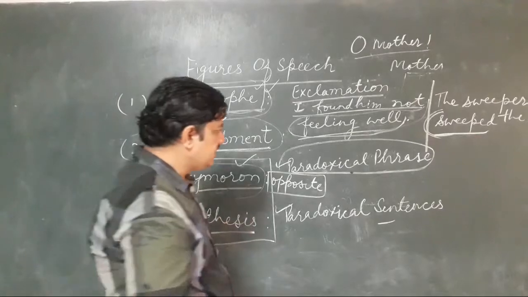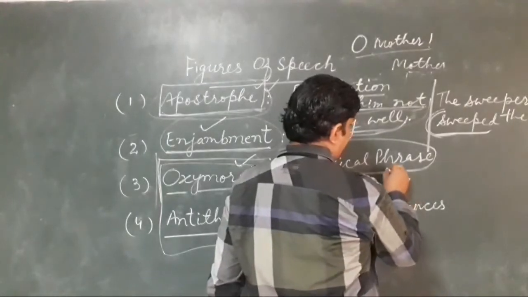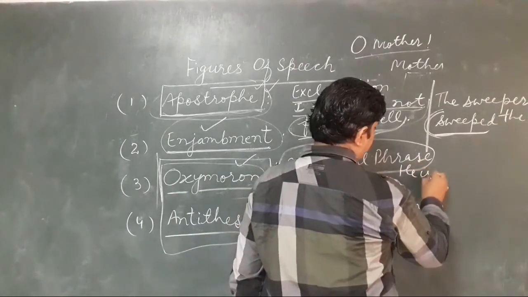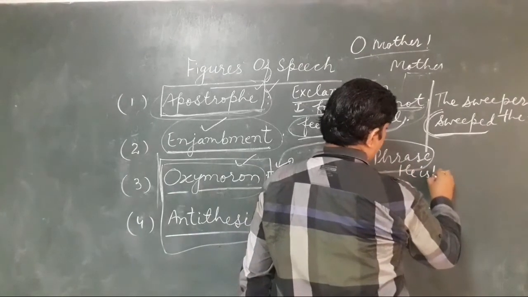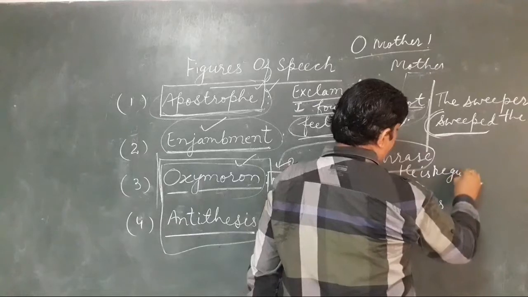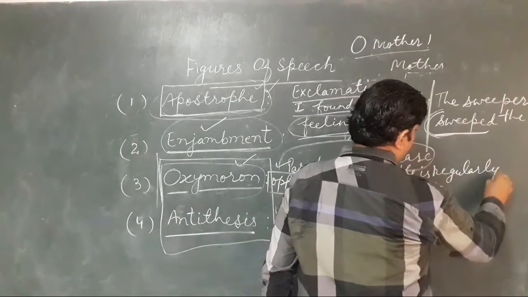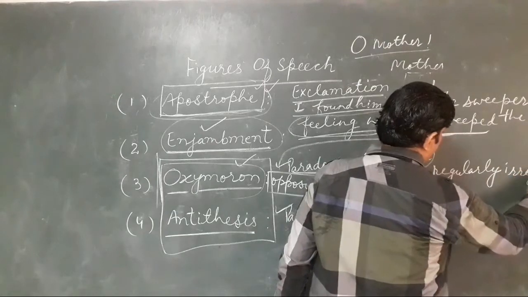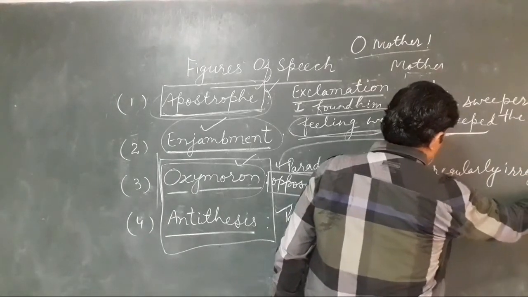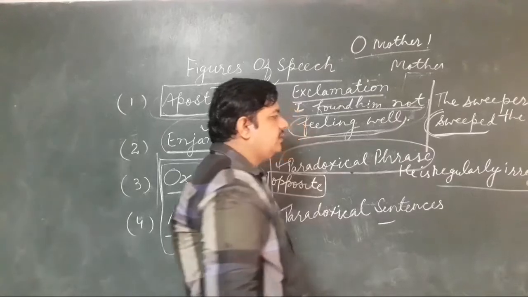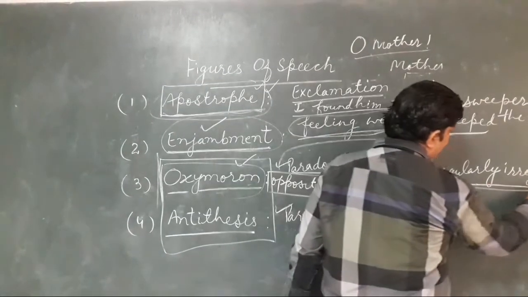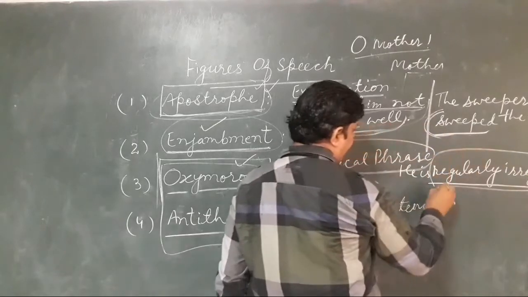Suppose I say, "He is regularly irregular." Two words are there and it is a phrase.